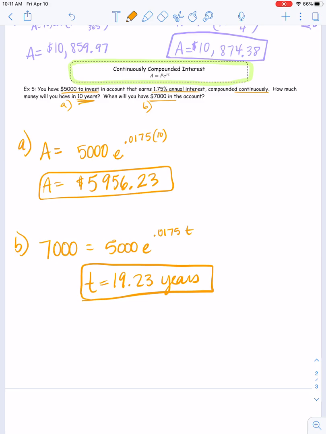So it takes a little bit more than 19 years to reach that $7,000. So letting it sit in the bank for almost 20 years to get an extra $2,000, yeah, that is a long time, but it's $2,000 you didn't have in the beginning.